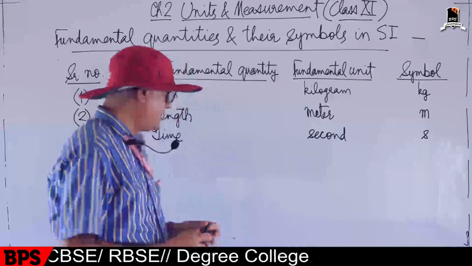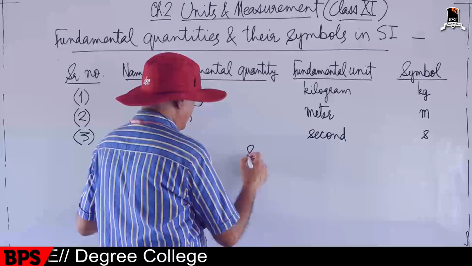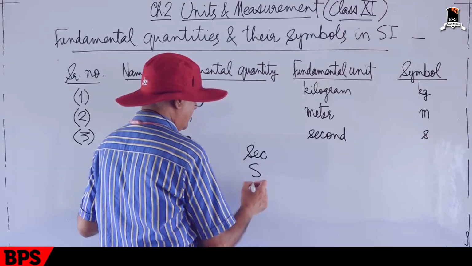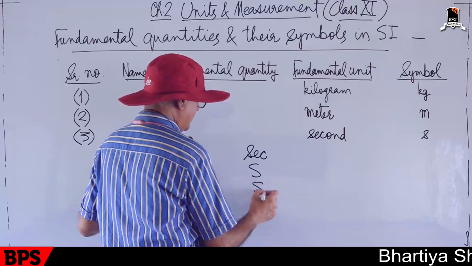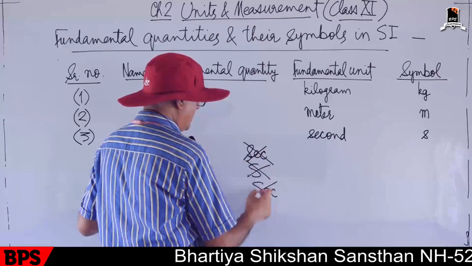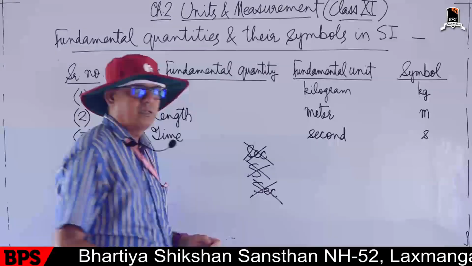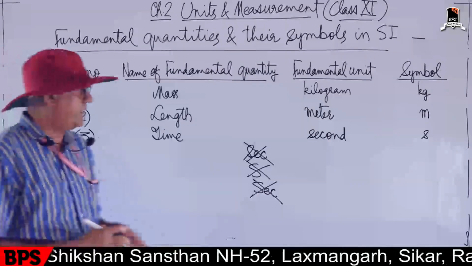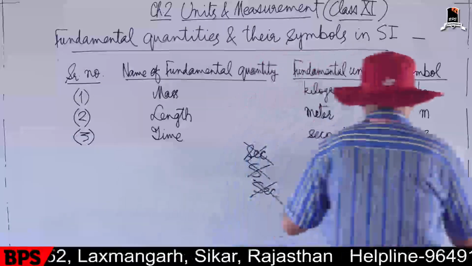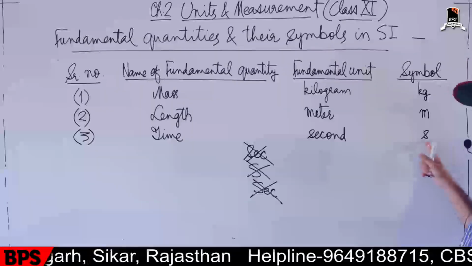If you write SEC or S or SEC dot, these are not the symbols for the time unit, second. Time unit second symbol is small s.